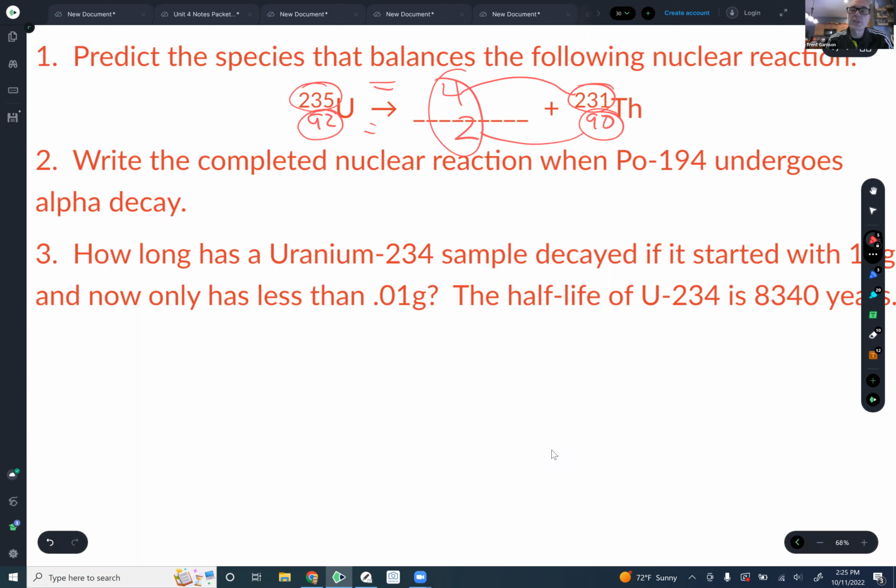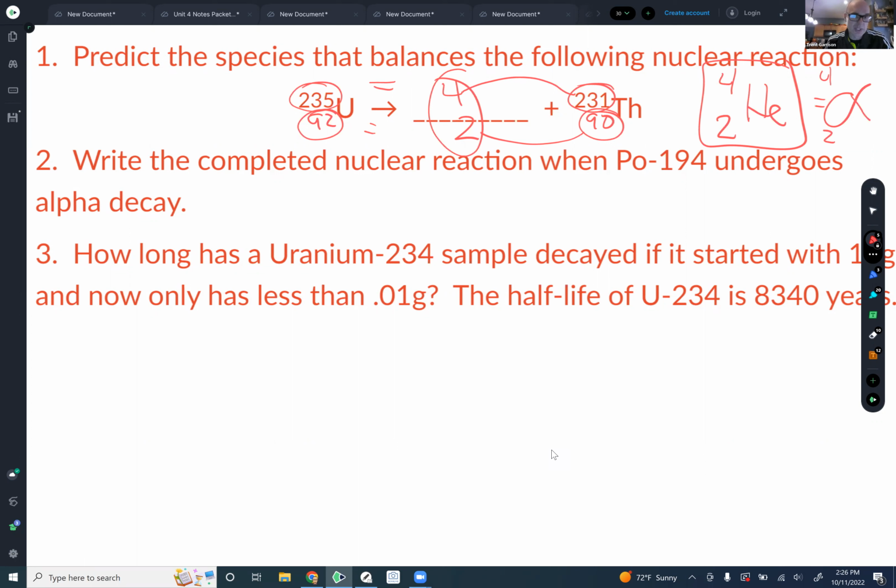So I've got a 4 and a 2. Now, what you could assume from that is that element number 2 is in fact helium, and it has a mass number of 4. What that actually is, is an alpha particle. An alpha particle is a helium nucleus. It has no electrons.